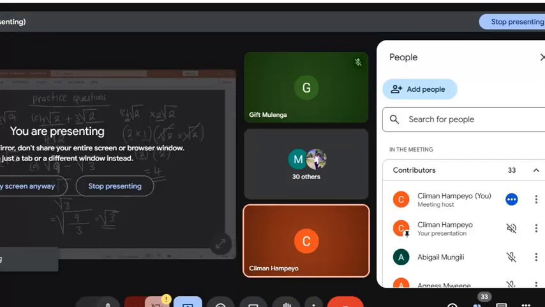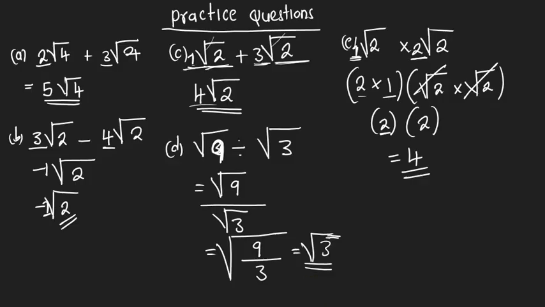We see how well we are going to simplify this work. Don't miss me, and make sure you apply, because I'm very slow when teaching, so that you understand. The first question is saying, simplify the following surds.